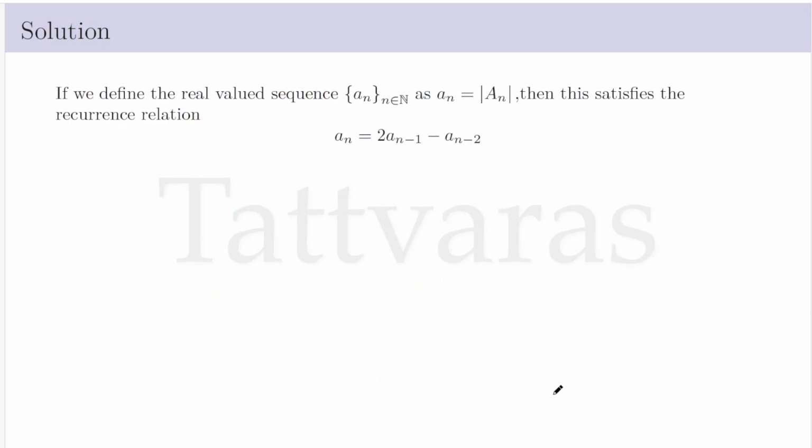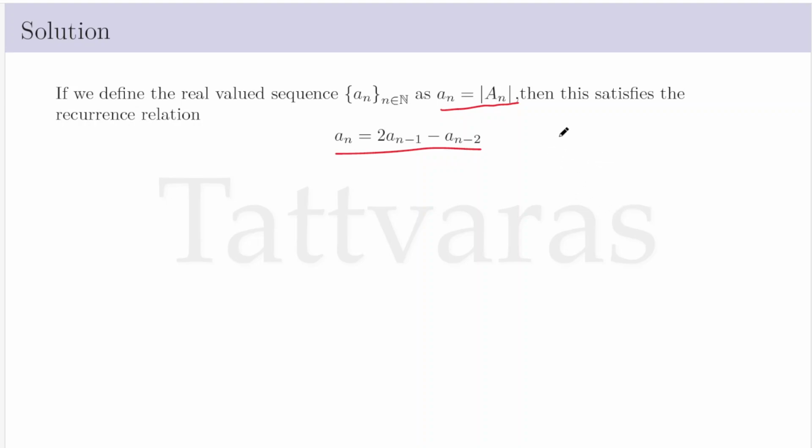Now suppose we define a real valued sequence a_n as nothing but the determinant of the matrix A_n. Then this sequence a_n satisfies this relation. Now can you see what this relation means?